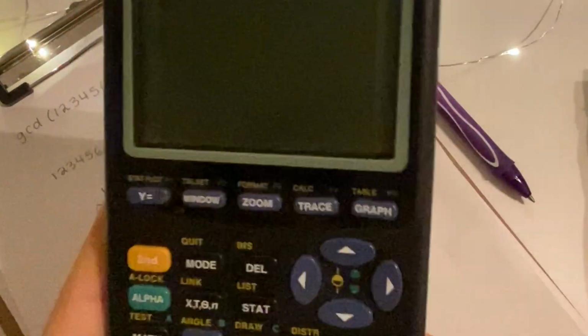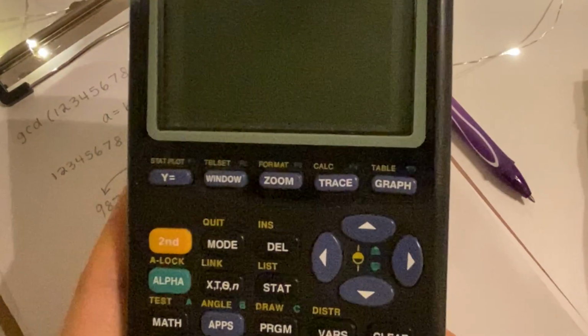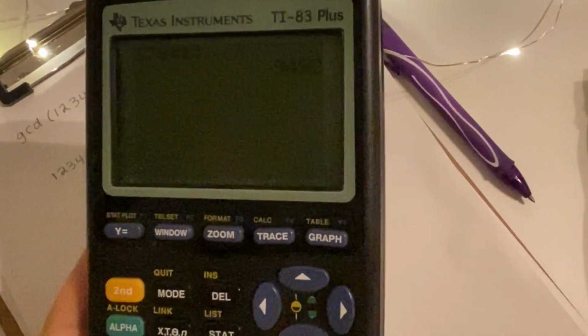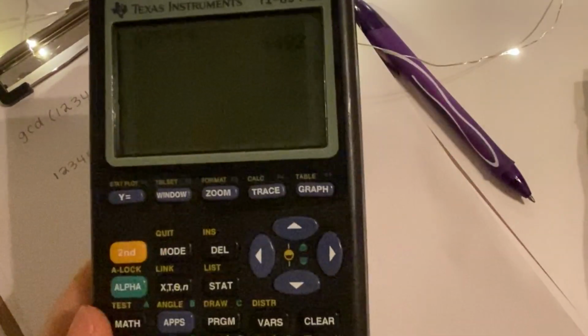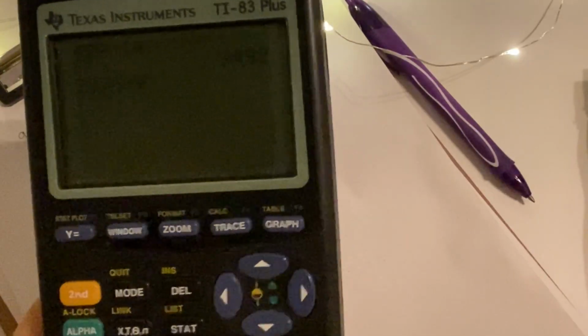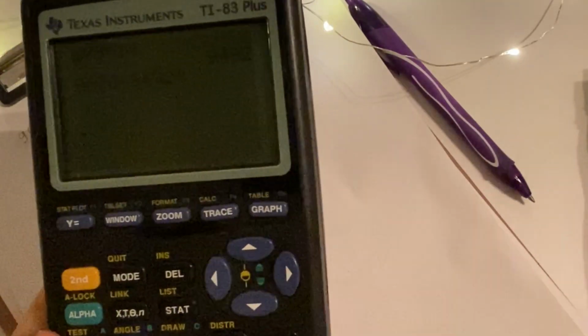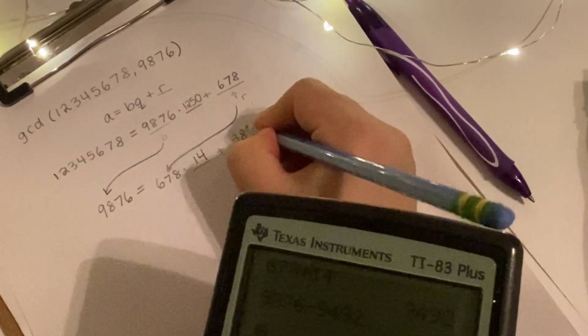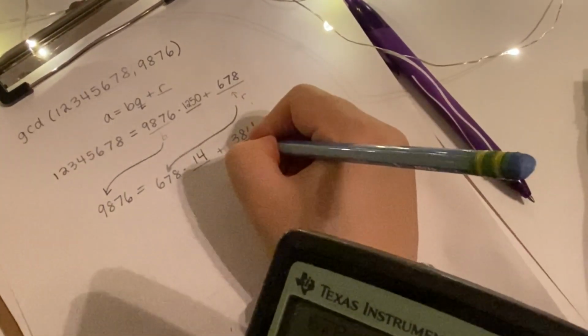So 6, 7, 8 times 1, 4 is 9492. And then I want to know what the remainder would be. So 9876 minus 9492 is 384. So that's the new remainder.